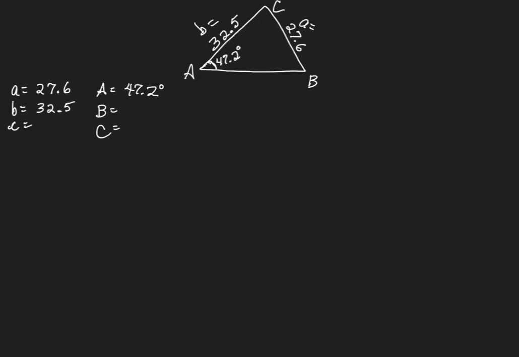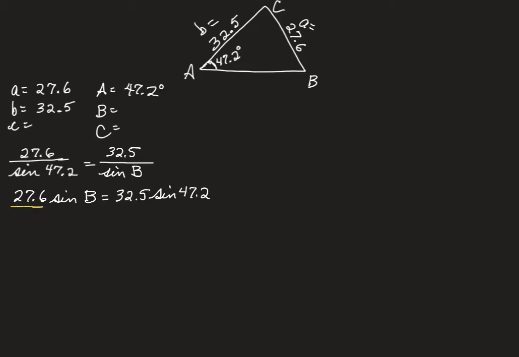Now we set up 27.6 divided by the sine of 47.2 equals, we are now trying to find angle B, so we will put the sine of B on the bottom and side B, 32.5, on the top, and cross multiply.